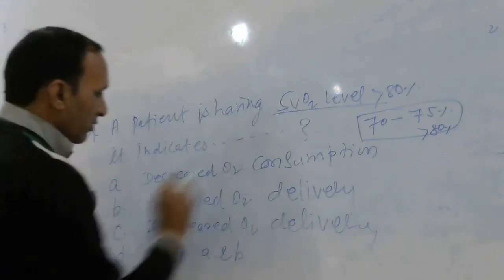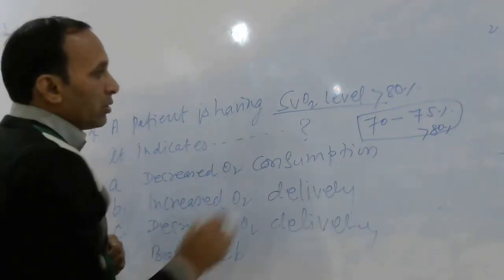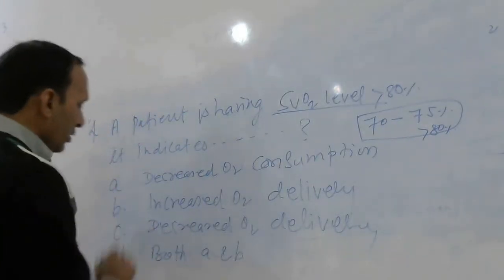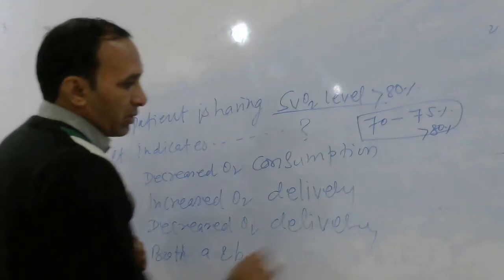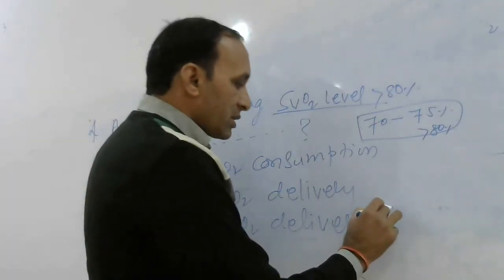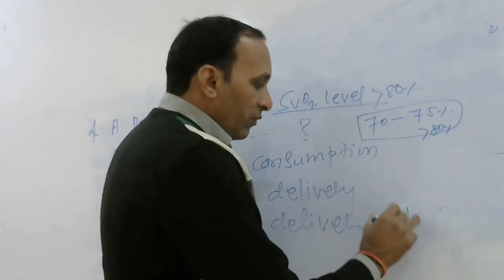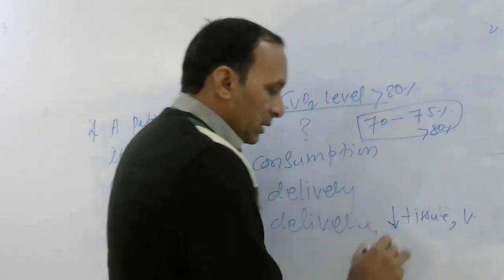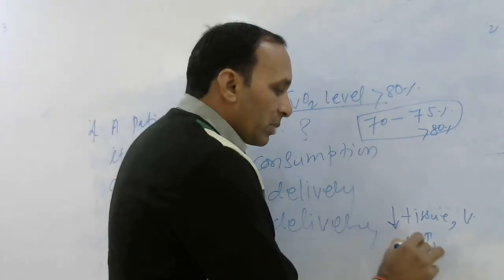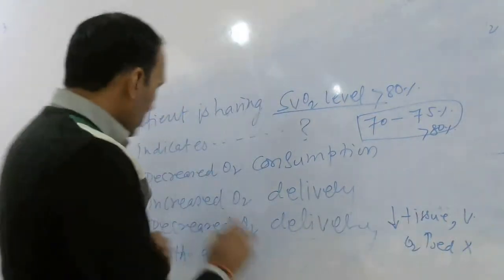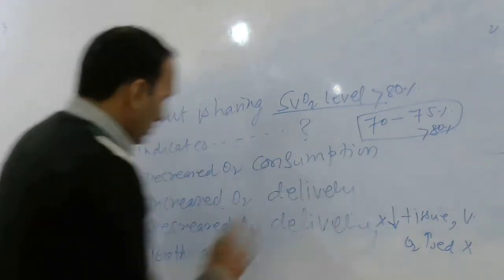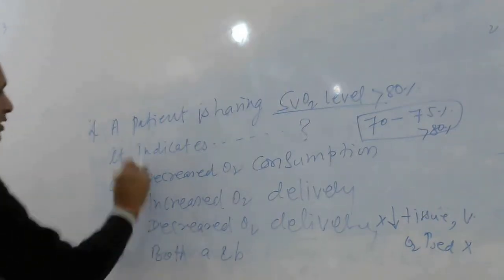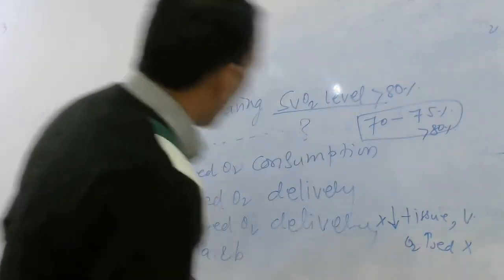Increased oxygen delivery. In this case also SpO2 level can be more than 80%. But in the C option, decreased oxygen delivery. If the oxygen delivery is less to the tissues, then in the venous blood oxygen level will not be increased, students. So the C option is incorrect. So the correct option is D, both A and B are true. This is the answer of fourth question.